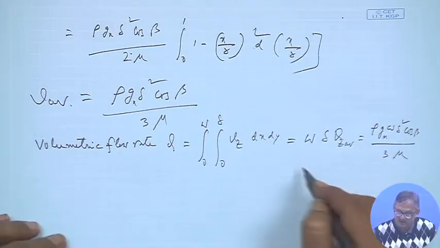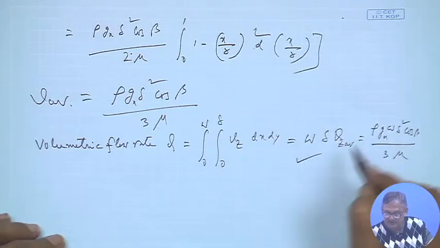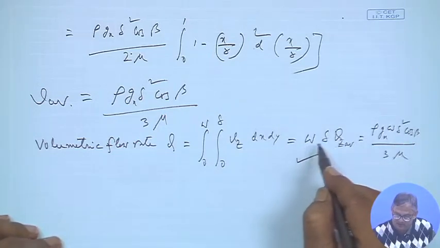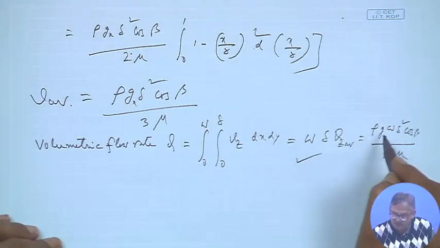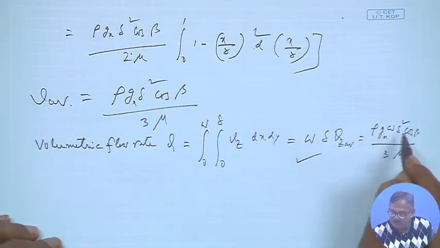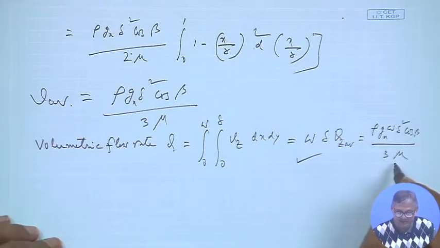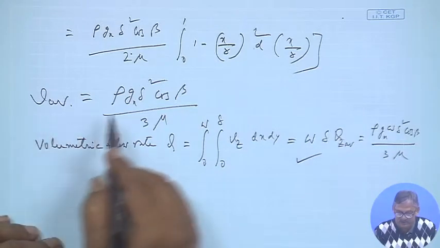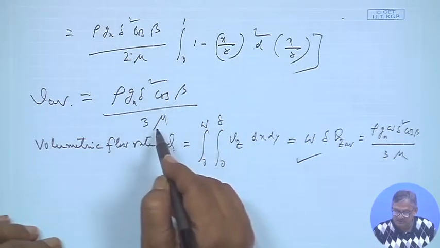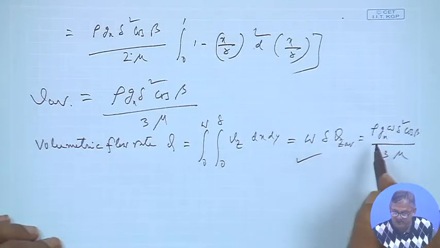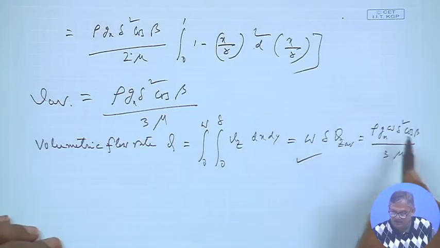This is the volumetric flow rate, either W del Vz average or rho gx W del square cos beta by 3 mu. So V average was rho gx del square cos beta by 3 mu, and the volumetric flow rate is rho gx W del square cos beta by 3 mu.